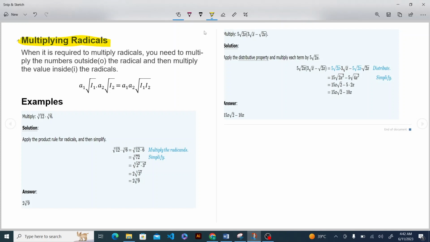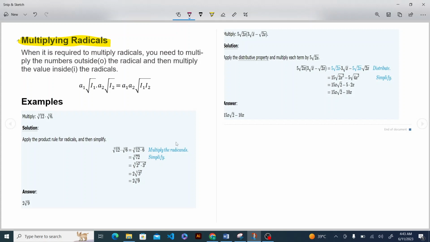So this is really interesting. We are going to see how we multiply two radicals, or more than two radicals. The method is, when it is required to multiply radicals, you need to multiply the number outside the radical and then multiply the value inside the radicals.